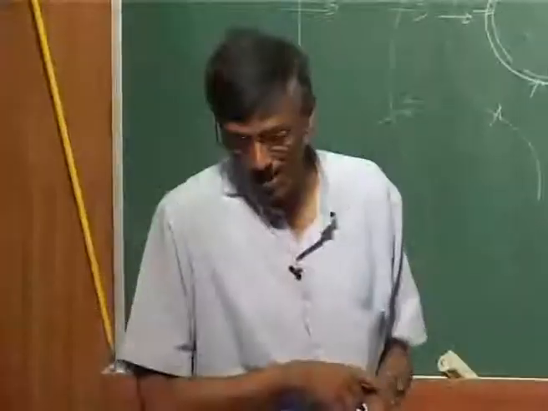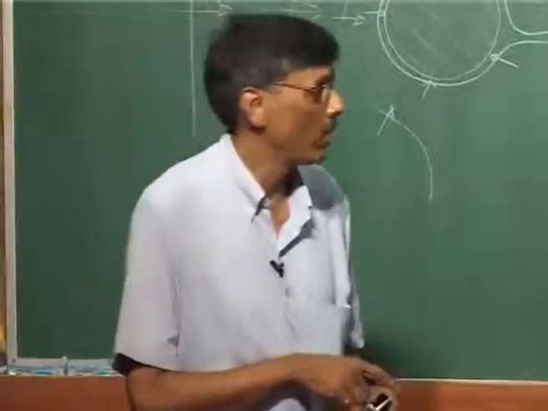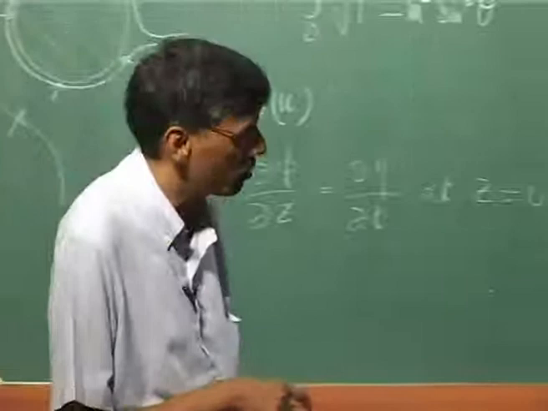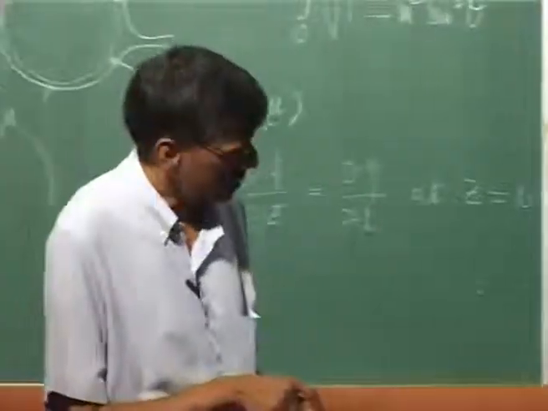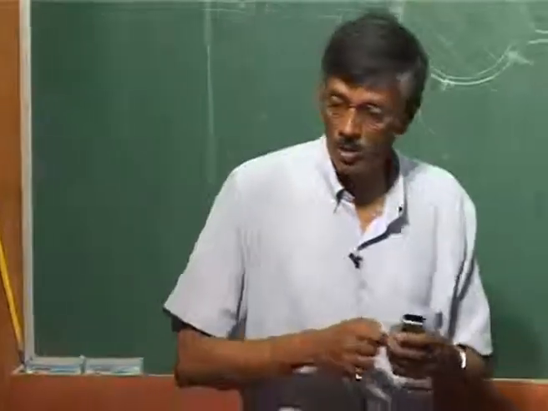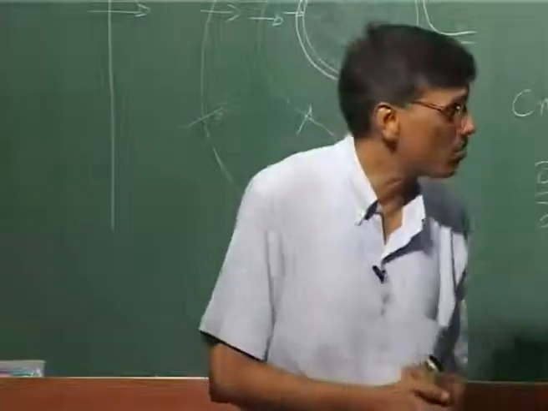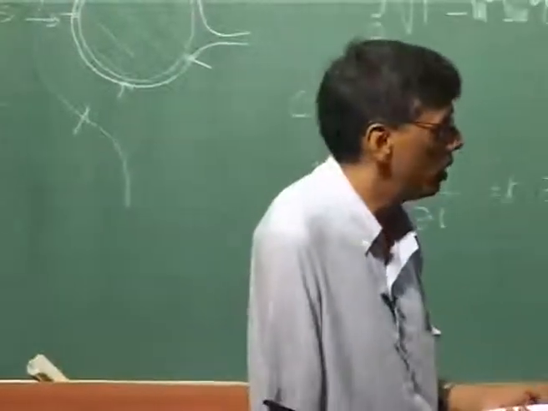Where does it apply? It applies to both the atmosphere as well as the ocean. So, what we are talking about has practical utility, and we are talking about flows where horizontal length scales are much larger compared to the depth.